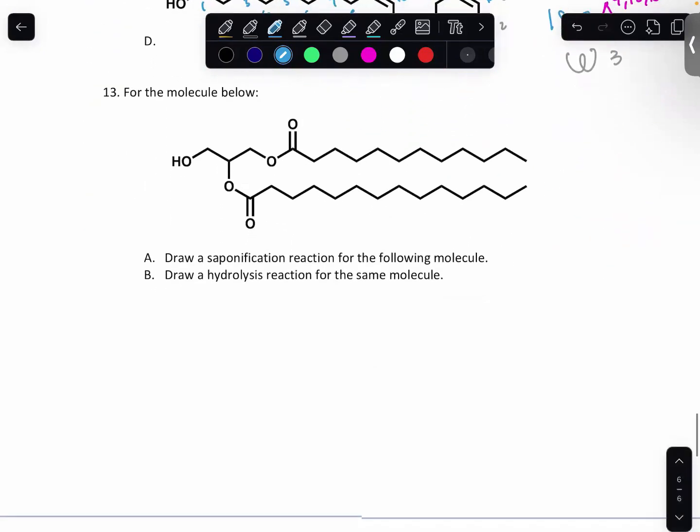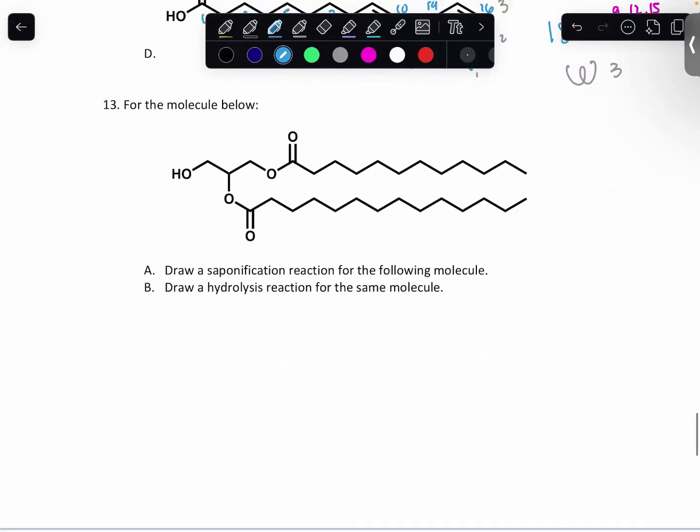Okay. Last question. Do you want to do the saponification or the hydrolysis first? Saponification. Okay. What does it mean to saponify? What are we going to do?